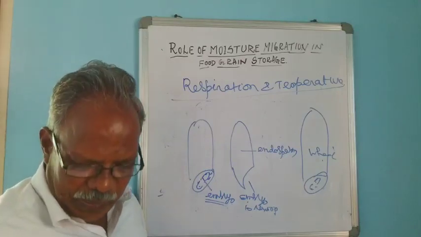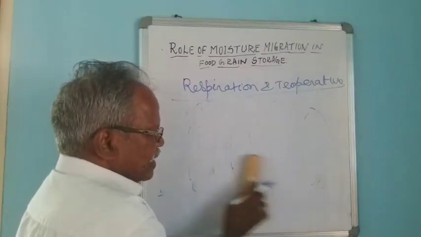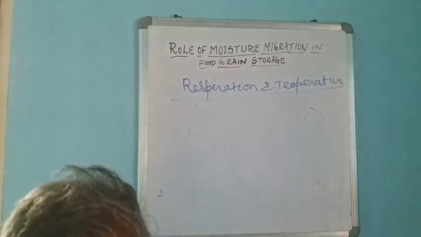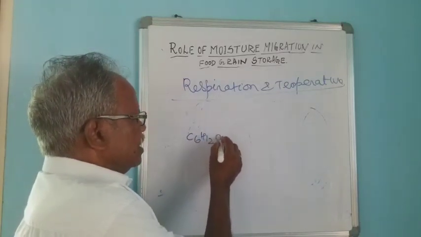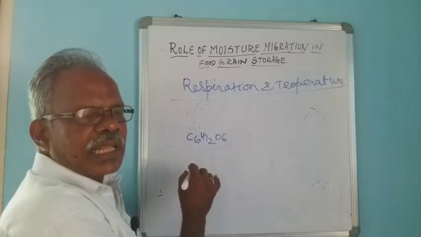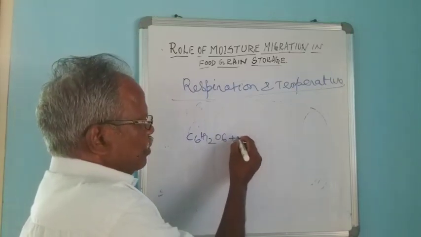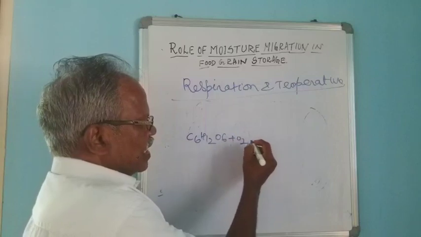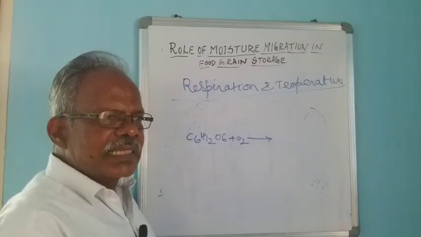That is with regard to the living material, that is unmilled wheat. How respiration takes place, that we will see. Respiration takes place in the case of food grains. For example, in the food grain, C6H12O6, the glucose or starch material, is already there. It combines with oxygen for the purpose of respiration. To release energy, oxygen is necessary.